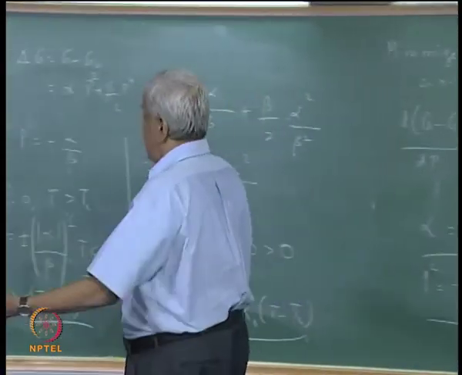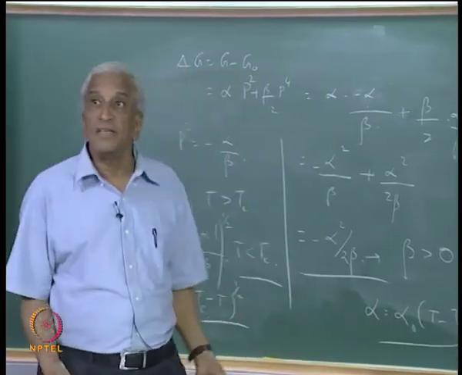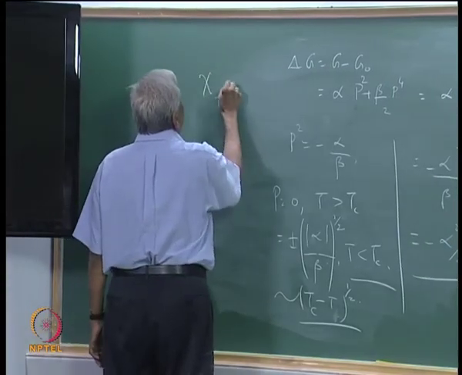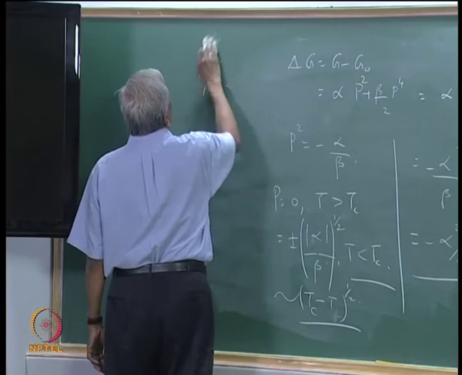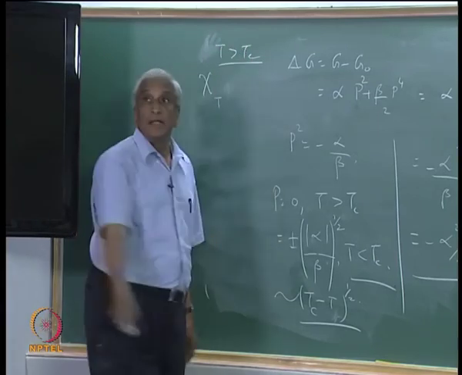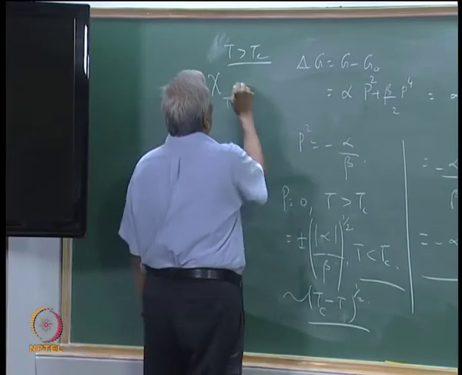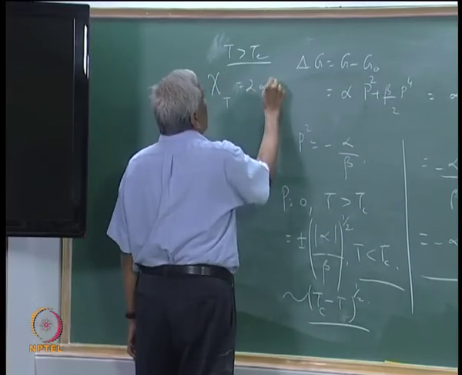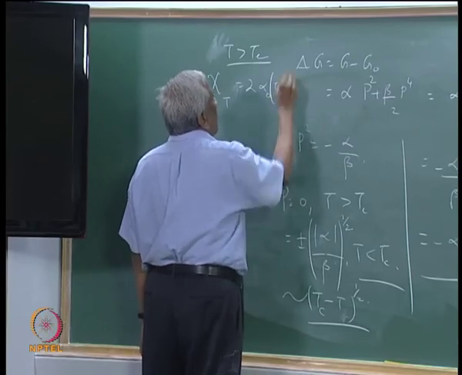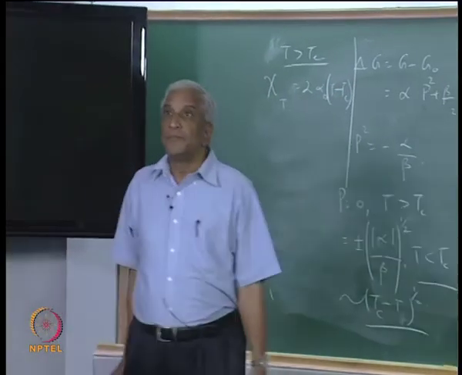And above T c, the dielectric susceptibility goes as 2 alpha naught into T minus T c, as you can check readily.